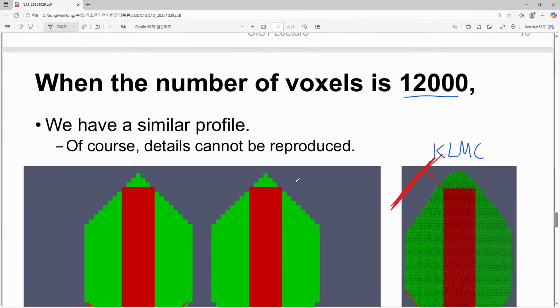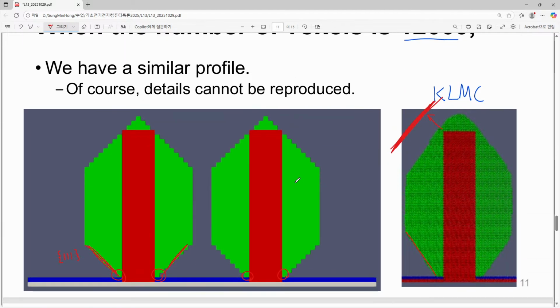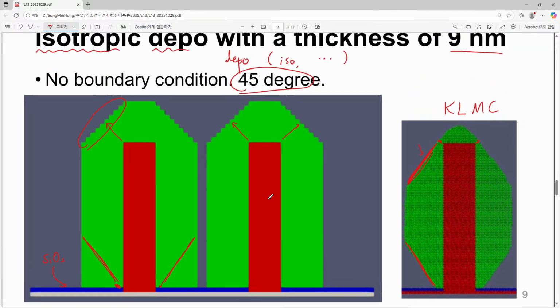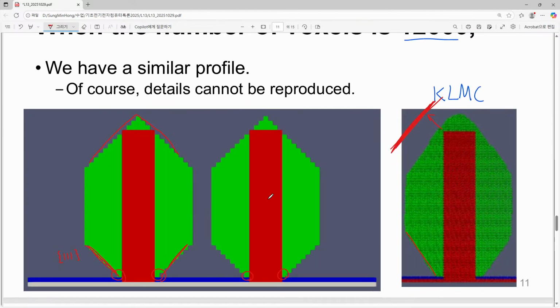Therefore, I just completely suppressed the growth along the 111 surface. However, since the 001 directional growth is anyhow quite slow, the final shape of our structure looks much better than the previous one. So once again, let's have a look at our previous one using isotropic deposit. Although not every detail is well matched, it's much better than the previous one. We will stop here.